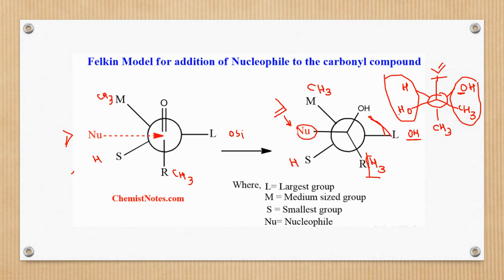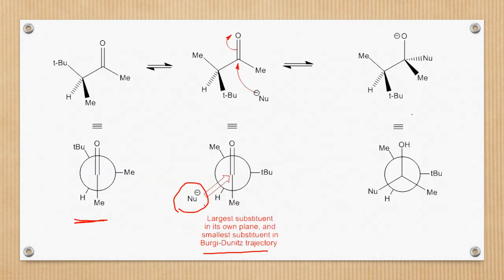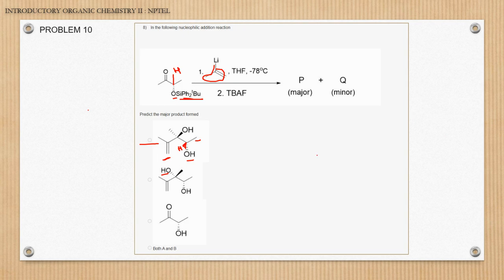Should this OH be syn to this? No, right? So here it will get eliminated, because this nucleophile is not at all adding to it. Only the deprotection by TBAF is going on. Only this OSi is deprotected, and this is as it is. So it is getting eliminated.